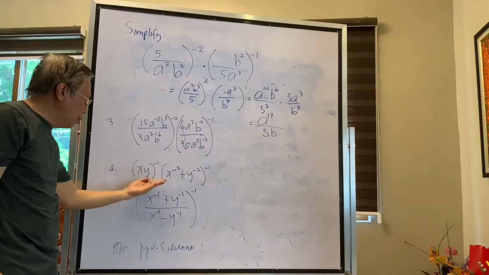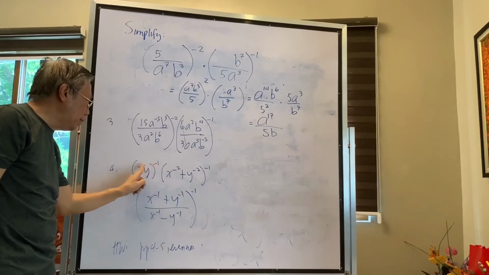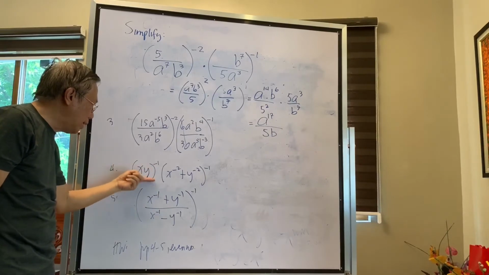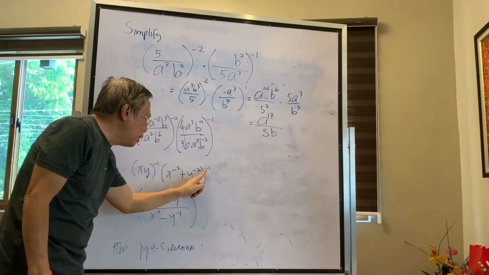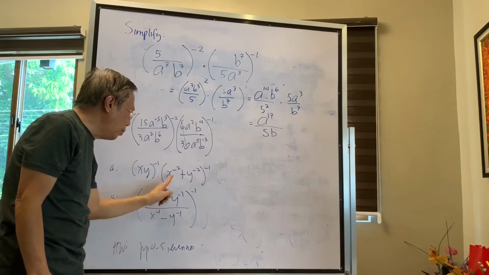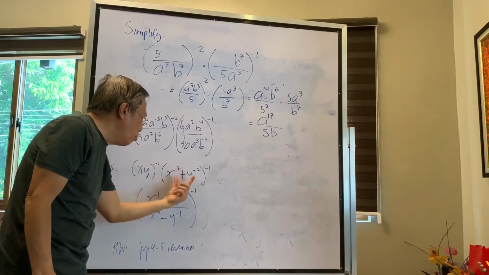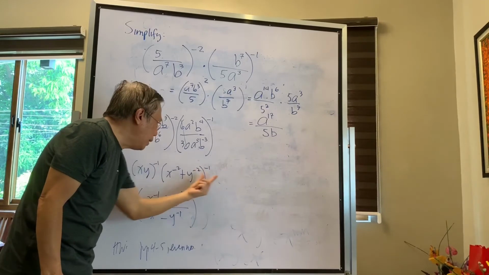I just want you to look at this number here, xy raised to the negative 2. Instead of distributing the negative, you can say 1 over xy squared. And it will be a no-no to distribute the exponent to x and y here, because we don't have a power of a sum, we have a power of a product.